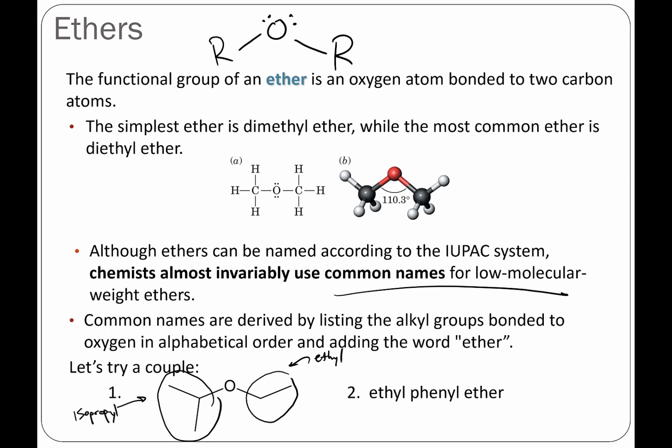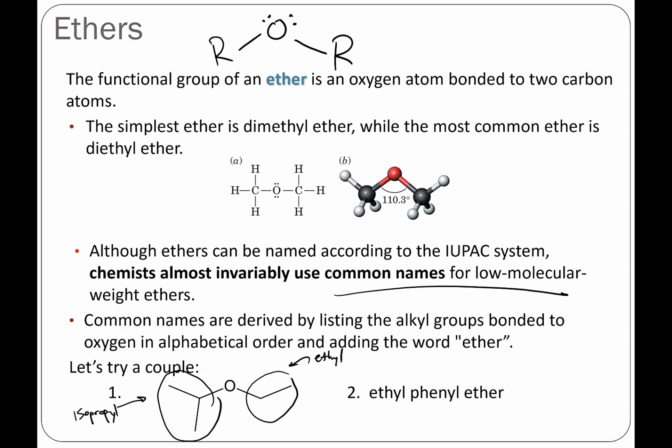And here's another good reminder, though. Remember, isopropyl has an asterisk next to it in the sense that the i in iso is used to alphabetize isopropyl or any iso whatever group, but all those other prefixes, like in tert-butyl or sec-butyl, are not used, but isopropyl is.